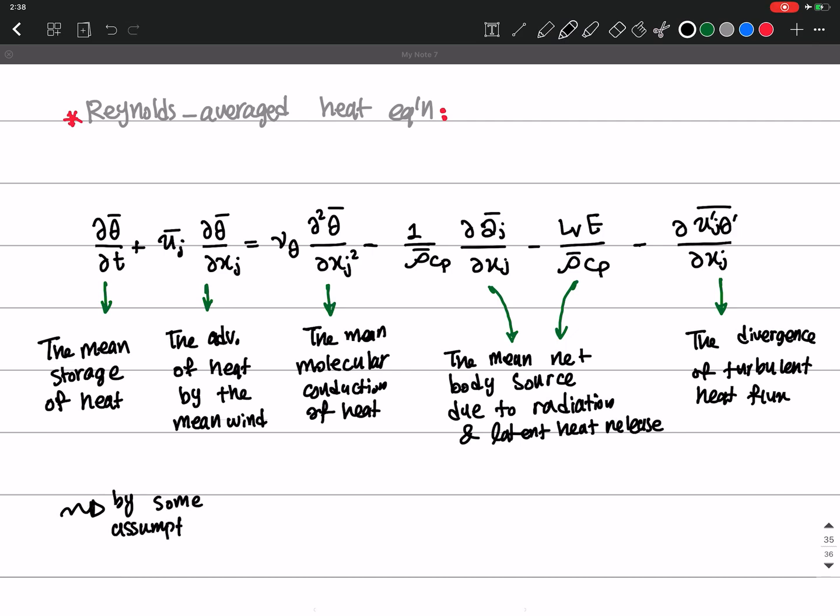We get a simplified equation which just shows that partial theta bar over partial t equals minus partial w prime theta prime over partial z. Okay? And again, w is u3 in the third direction, the vertical velocity.